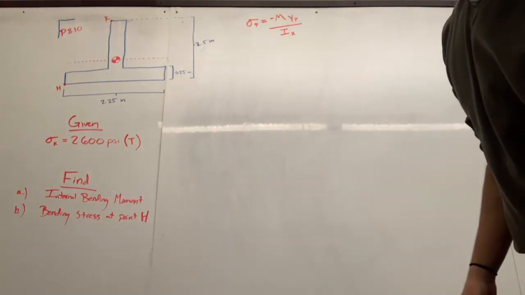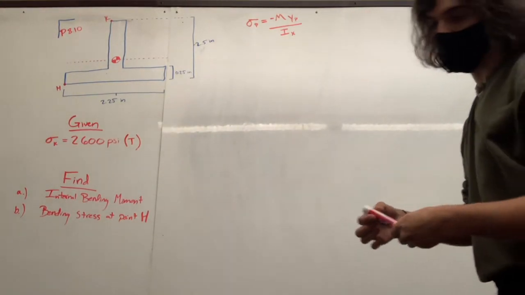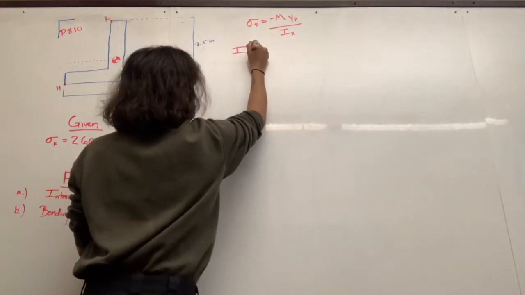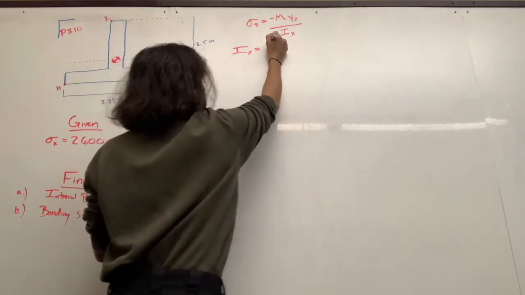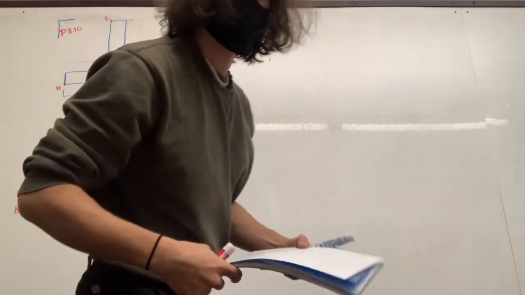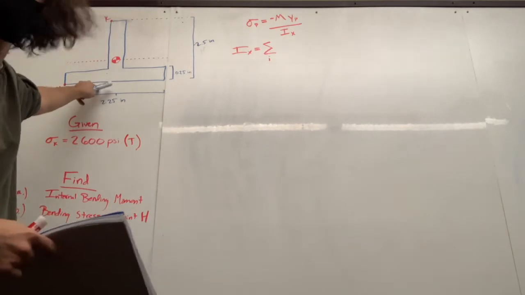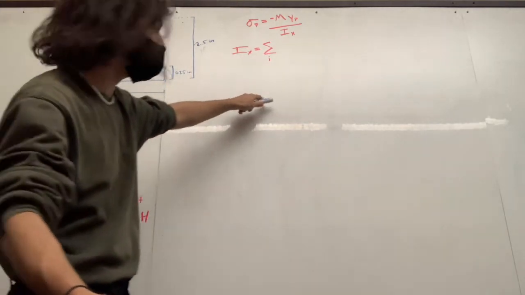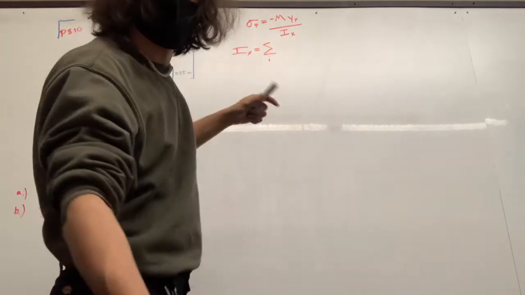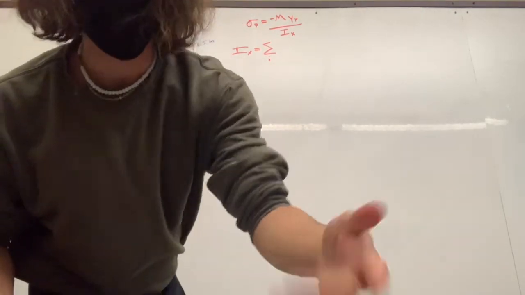the equations to calculate that boil down to, so this is I sub x is equal to the summation. Since this is a composite shape made up of two rectangles, this i just denotes how many shapes you're summing together.